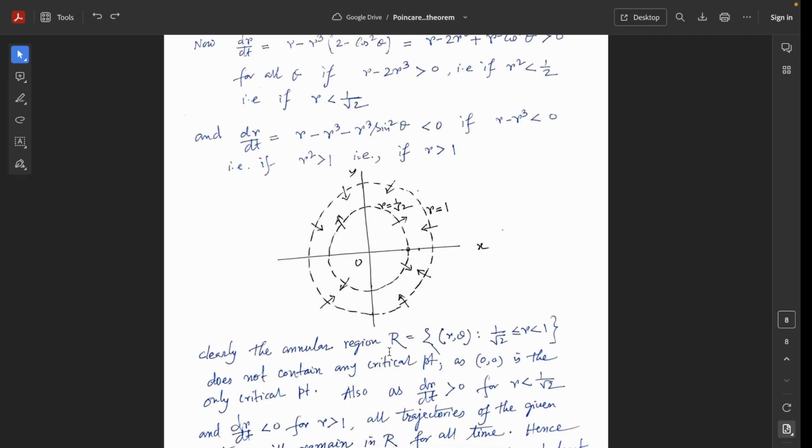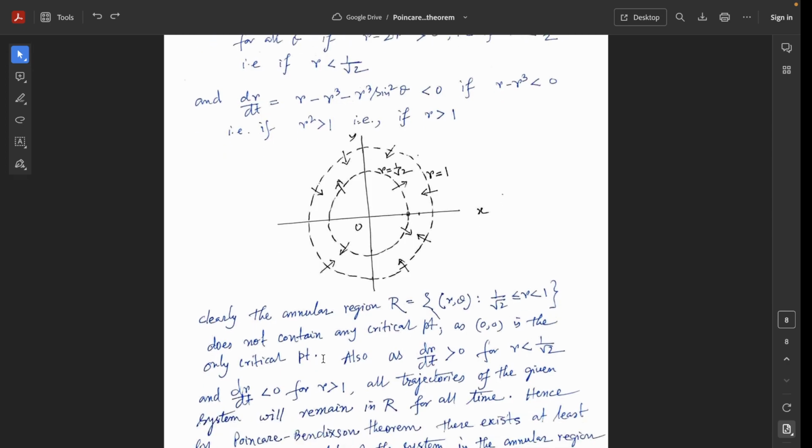The annular region R, 1 by root 2 less than or equal to r less than or equal to 1, does not contain any critical point; obviously (0, 0) is the critical point and lies outside this annular region R. Also, as dr/dt is positive for r less than 1 by root 2 and negative when r is greater than 1, all trajectories of the given system will remain in R for all time.